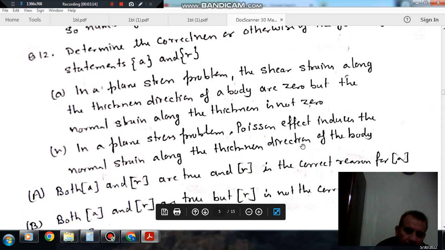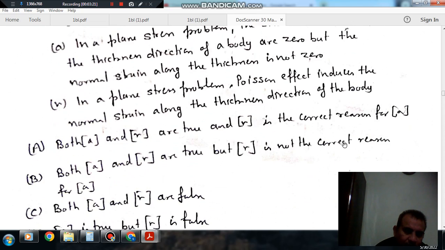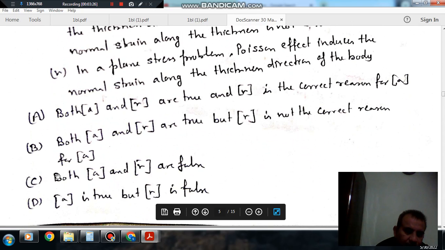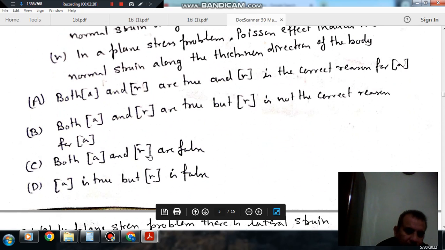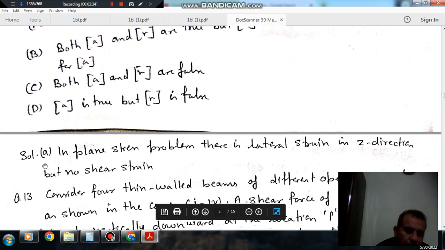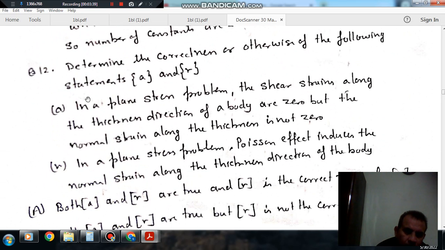Option A: both A and R are true and R is the correct reason for A. Option B: both A and R are true but R is not the correct reason for A. Option C: both A and R are false. Option D: A is true but R is false. So the answer is option A, because this is the correct explanation of the statement.